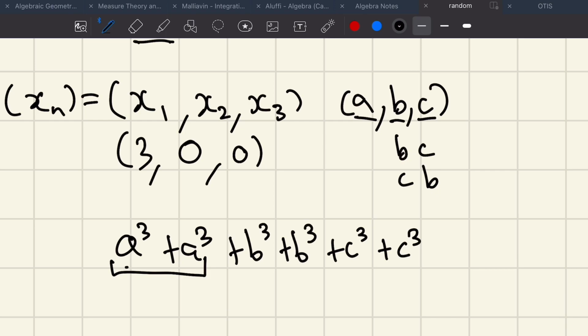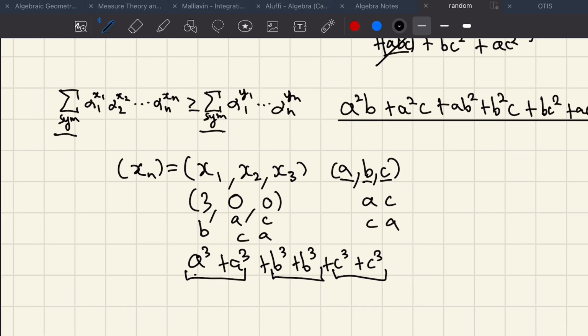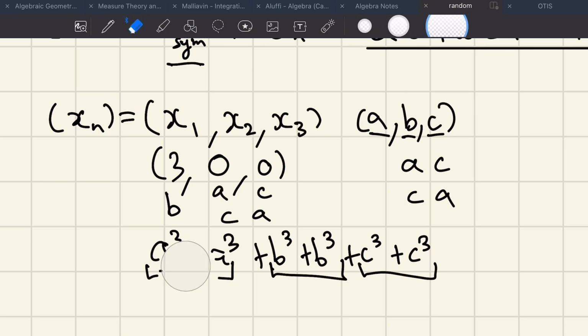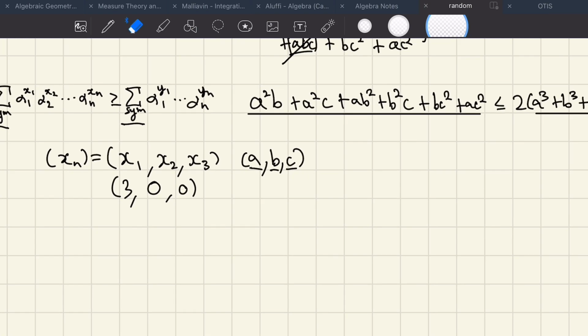And similarly, if we fix B as our alpha 1, the term that has the cube, we're going to have AC and then CA in the place of zeros. So AC and CA, which is why there are two B's. And by similar reasoning, there are going to be two C's. So we have indeed found the x sequence that gives the right side of the inequality.